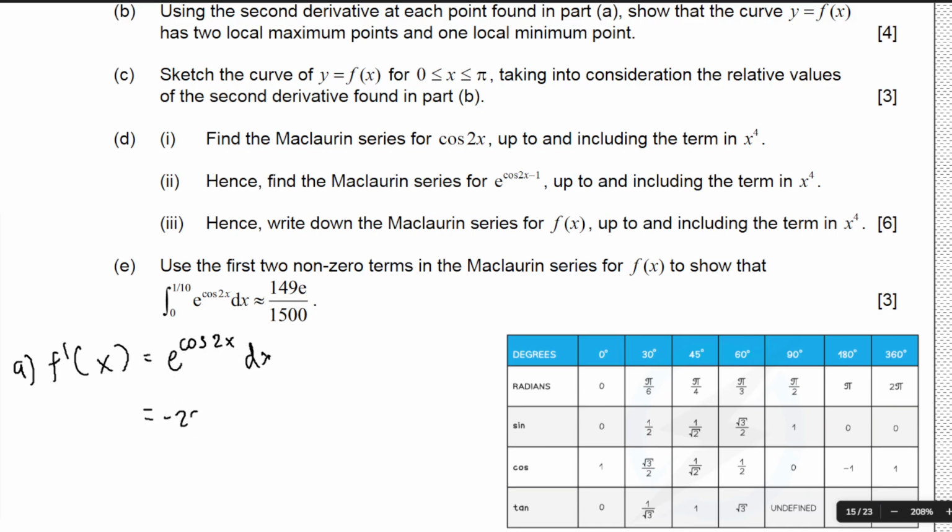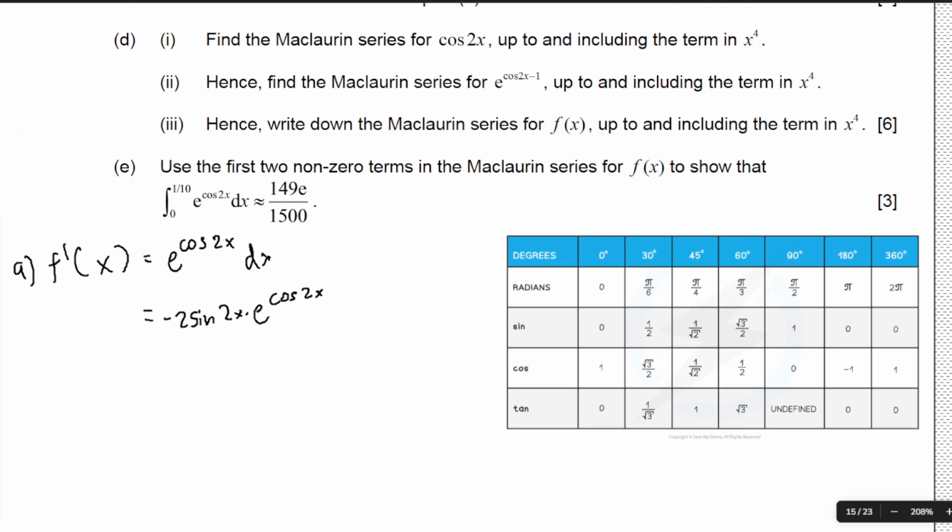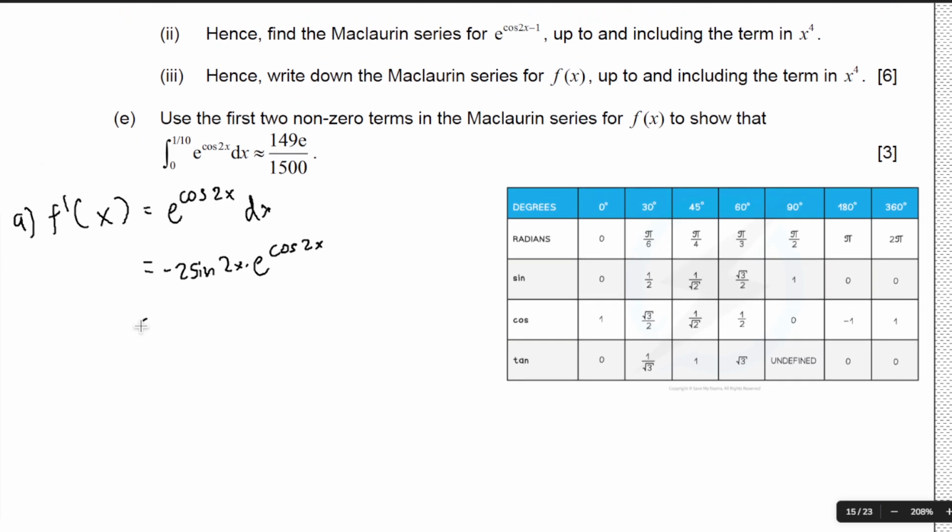So this would be minus 2 sine 2x, and then the derivative of e power x is e power x, so we just have e power cos 2x. And this is our derivative.